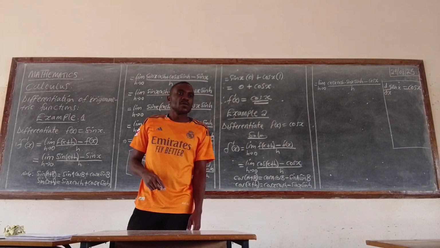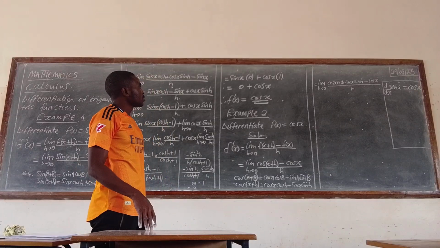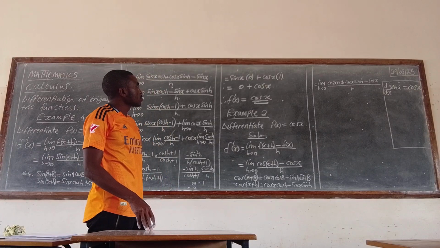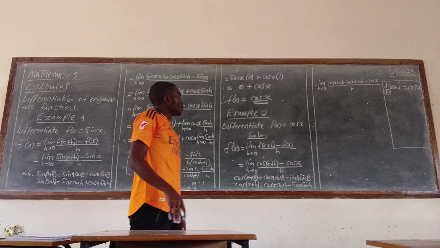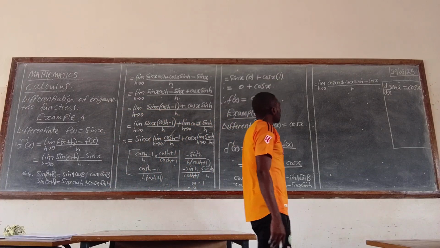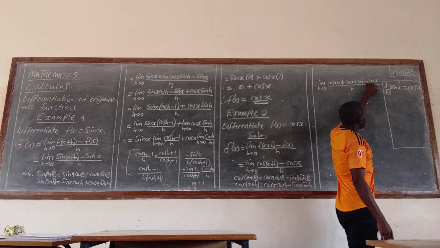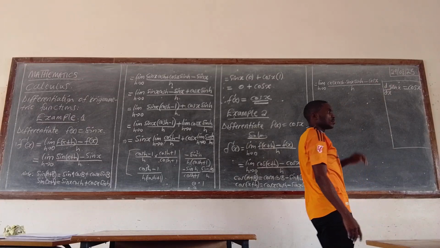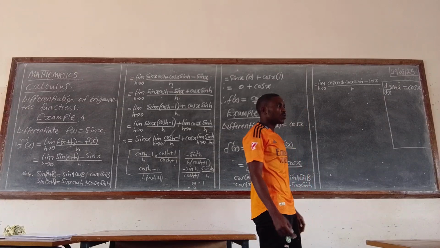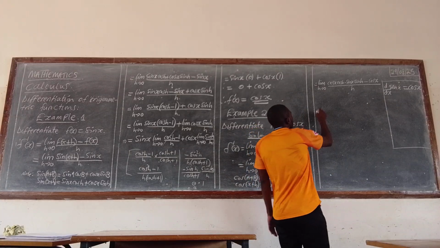Now, having this, if we look at the cos x and also cos x, these are like terms, so we can group the like terms.